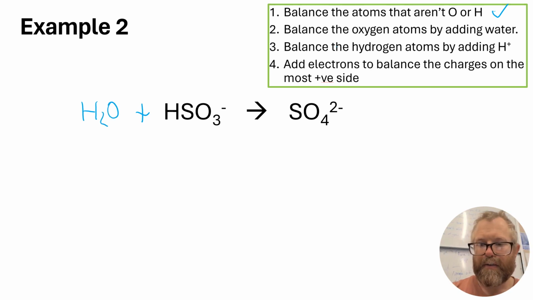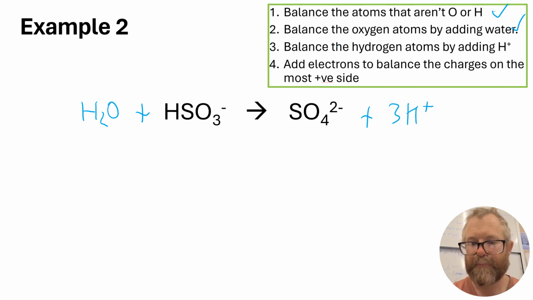Now I've balanced the oxygens, so to balance the hydrogens, I've got 3 hydrogens on the left hand side, 1 in the hydrogen sulfite and 2 from water, but none on the right, so add 3 H pluses. And the last thing to do is balance the charges.